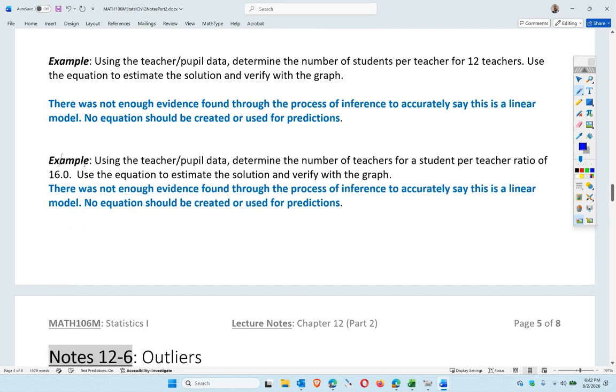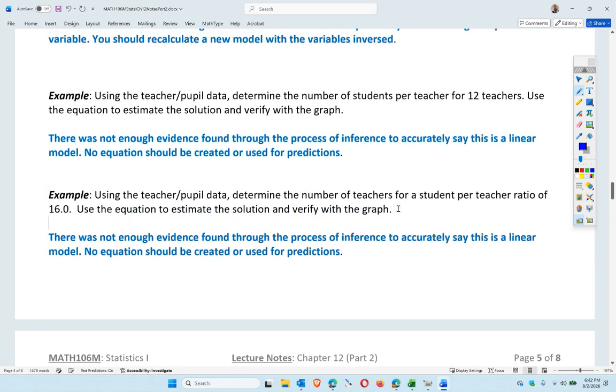This is not a linear model. We did not find enough evidence to signify it was actually linear. So you shouldn't make the equation, and you shouldn't use the equation to predict anything. There's not enough evidence it's linear. Do we know what it is? No. It might be nothing. It might be something that's not linear. But all we know is it's not linear. Don't use it to make a prediction if it fails the inference.